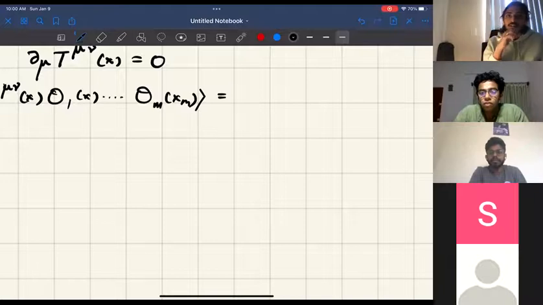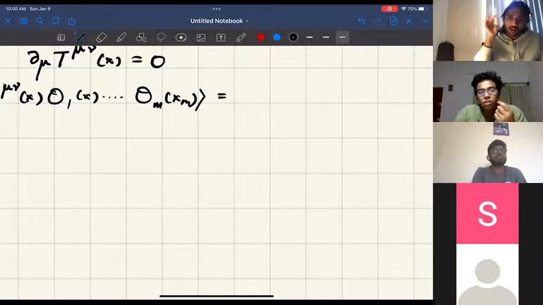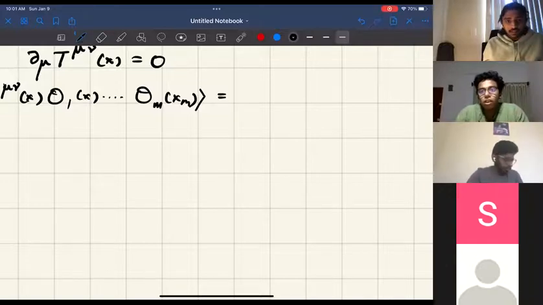Yeah, these operators are, so you have some initial state, and then you have operator insertion at one point, then the other point, and so on. So this appears within the path integral as well. Your theta 1 is basically your operator for x1, and then your theta m is your operator for xm.